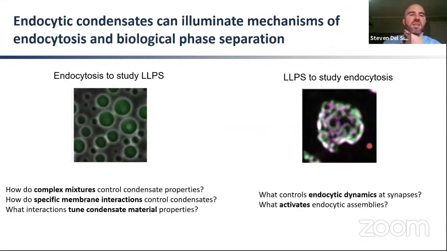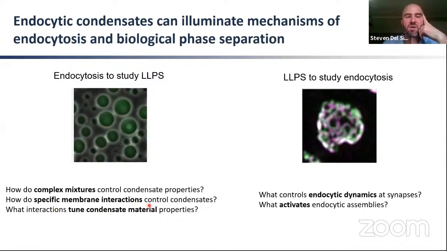And so again, just to summarize that last part. The idea is that we can really use these endocytic molecules as a way to study phase separation. I think there's a lot of interesting features about the endocytic proteins in particular that could provide insight into this field, such as how very complex mixtures control the properties of these condensates, how specific membrane interactions control condensates, because we know membrane binding is an essential feature of these proteins.